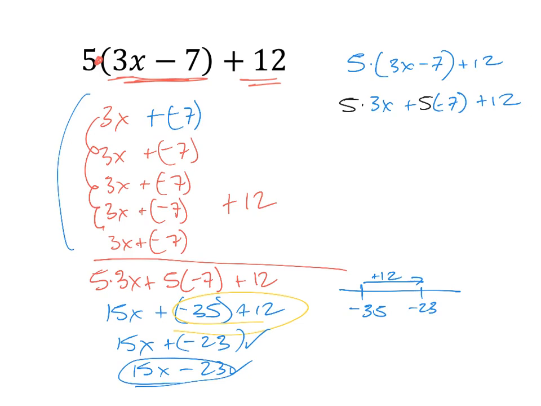And then simplify this to be 15x plus negative 35 plus the 12. Then simplify these two, and come out with 15x plus negative 23.